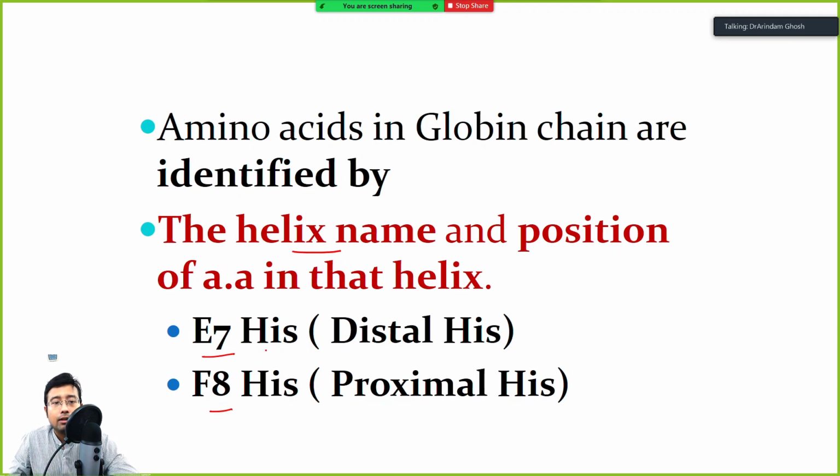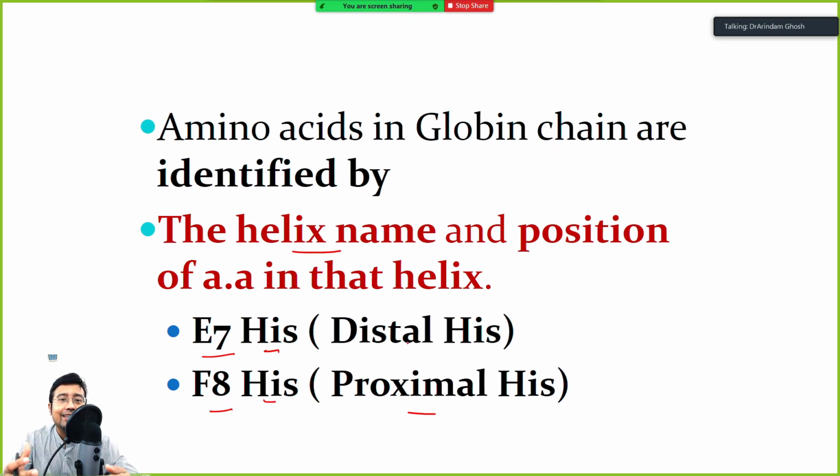Naturally, histidine comes in relation to the E helix and F helix. The E7 one, the histidine in the 7th position in the E helix, is known as distal histidine, and F8 is known as proximal histidine.